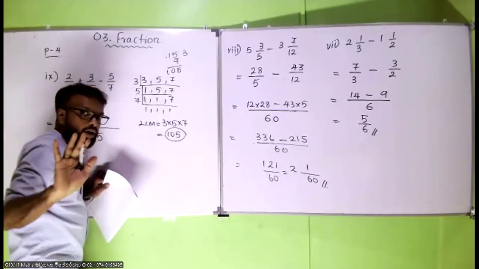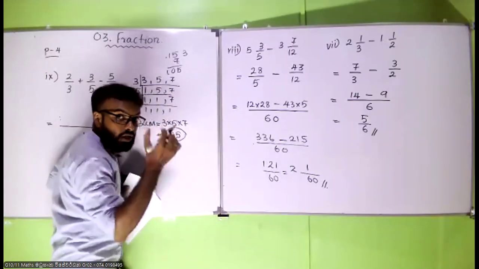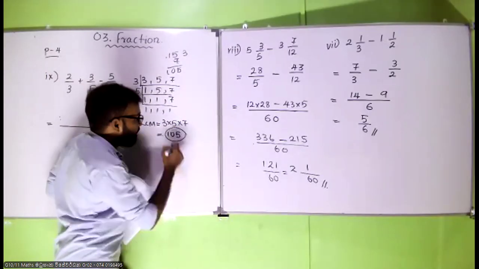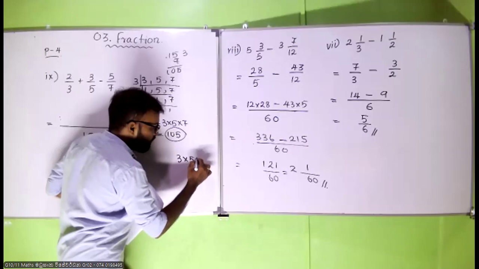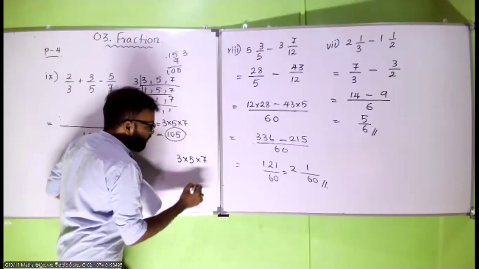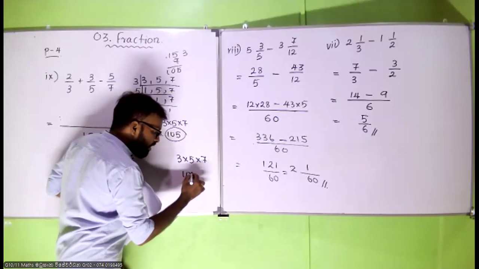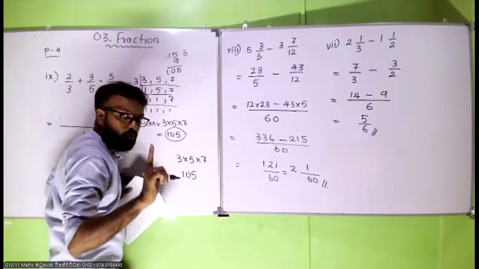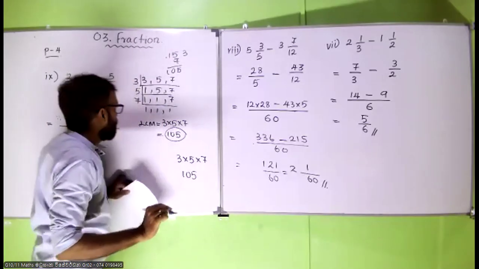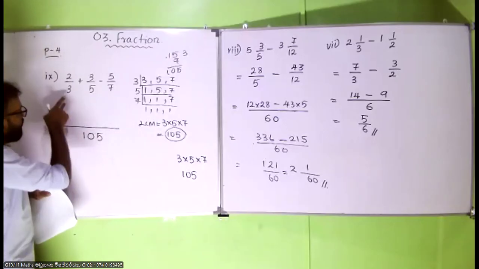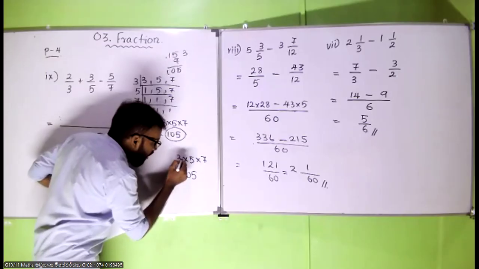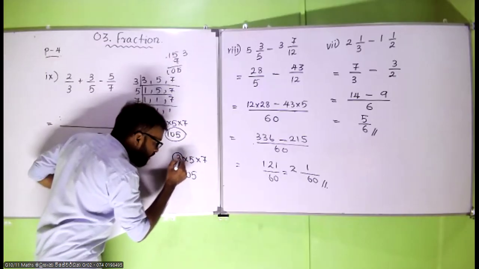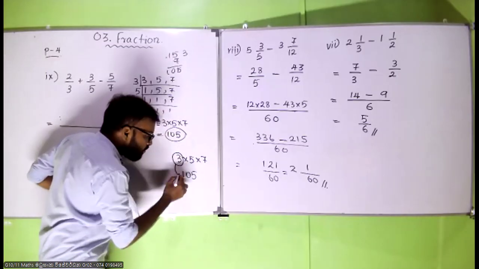I will teach you another small trick. If you have 3 numbers like this, 3 into 5 into 7, you know the common denominator is 105. And you are finding how many threes are there for 105.